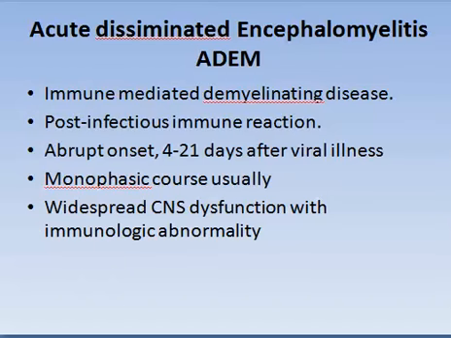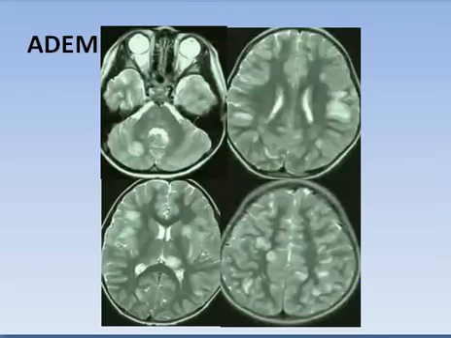ADEM, which is acute disseminated encephalomyelitis, is another immune response occurring post-viral infection, 1 to 3 weeks after infection. This will start as widespread cortical and medullary, or both gray and white matter, immune response resulting in swelling and hyperintensity on T2 and FLAIR.